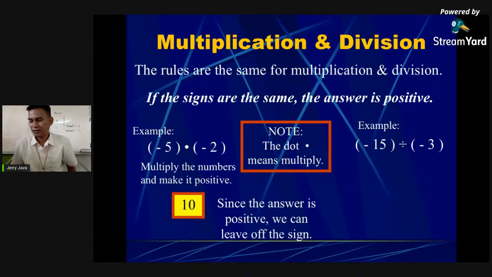30 seconds. Write your answer. What is your answer for negative 15 divided by negative 3?